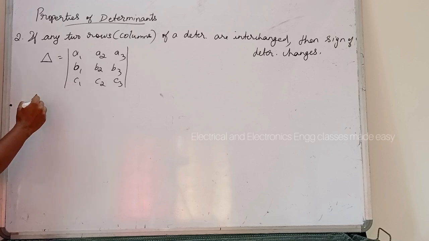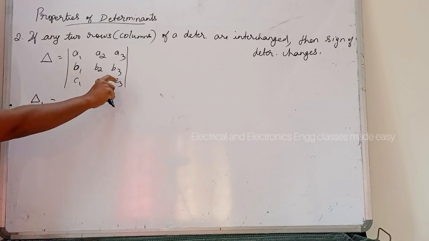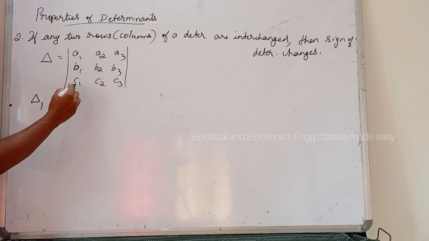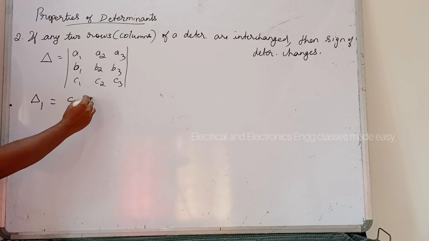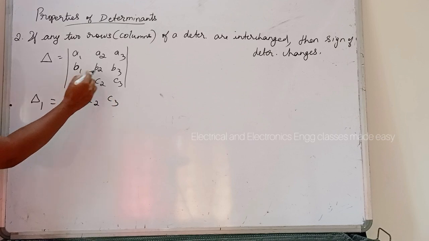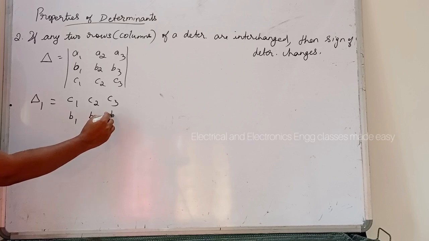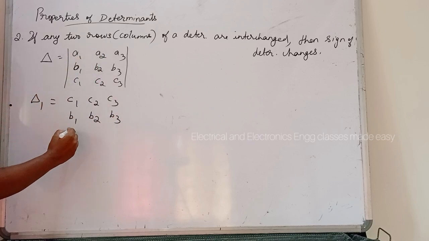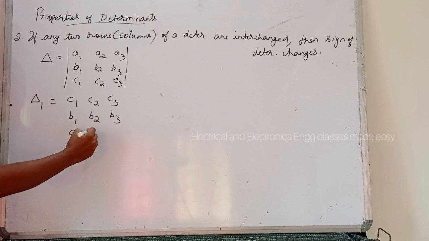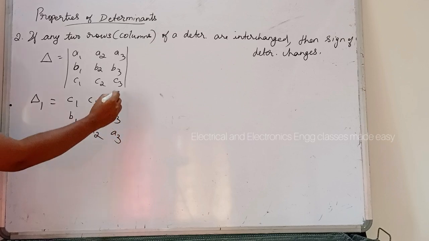Let delta 1 be equal to the determinant where we interchange these two rows. So here we will get C1, C2, C3, then second row no change, B1, B2, B3. The first row becomes the third row, so A1, A2, A3.